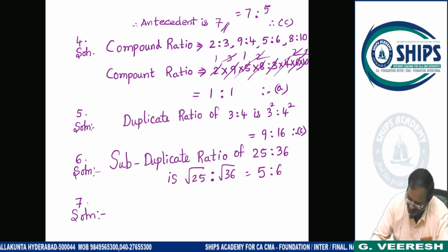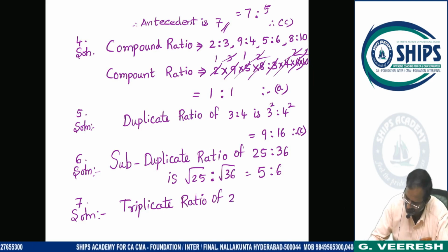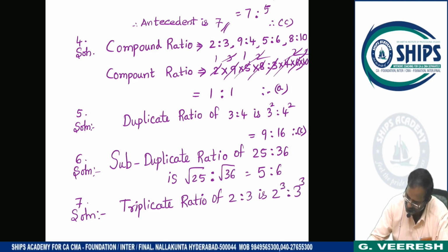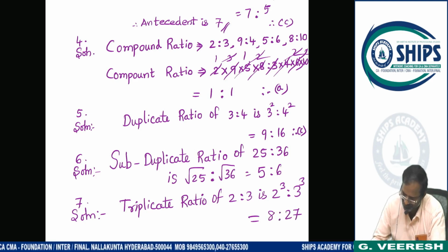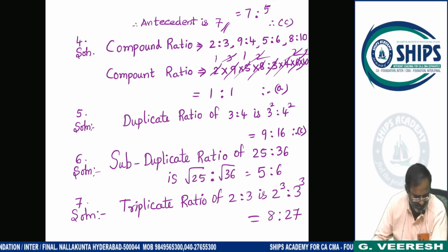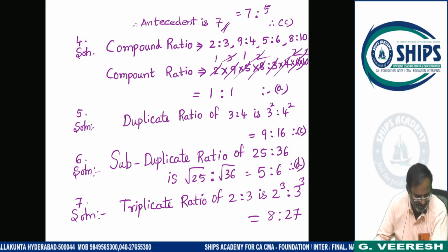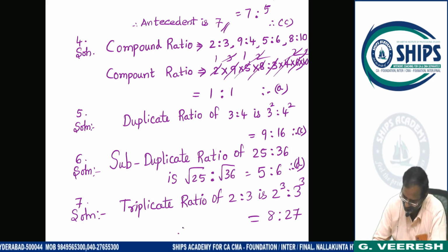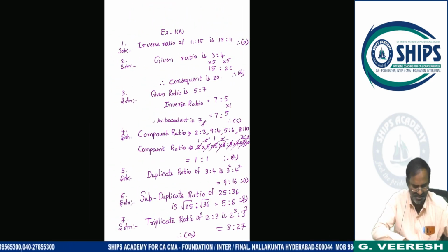Seventh one, triplicate ratio of 2:3 is 2 cube and 3 cube, it is 8:27. So this one, 5:6, means D option. Seventh one, it is the first option A. Just check it, 1 to 7.